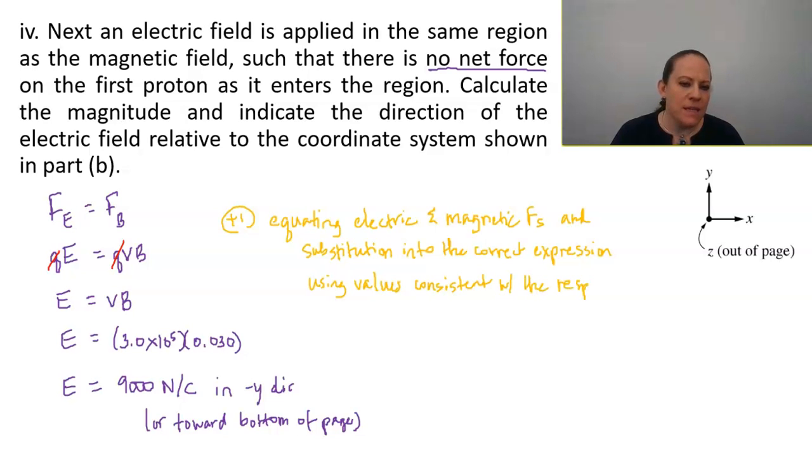So what that means is, like I said when I was solving it, I could have just used my magnetic force value instead of setting it equal to qvB again here. And that would have also been fine algebra-wise.